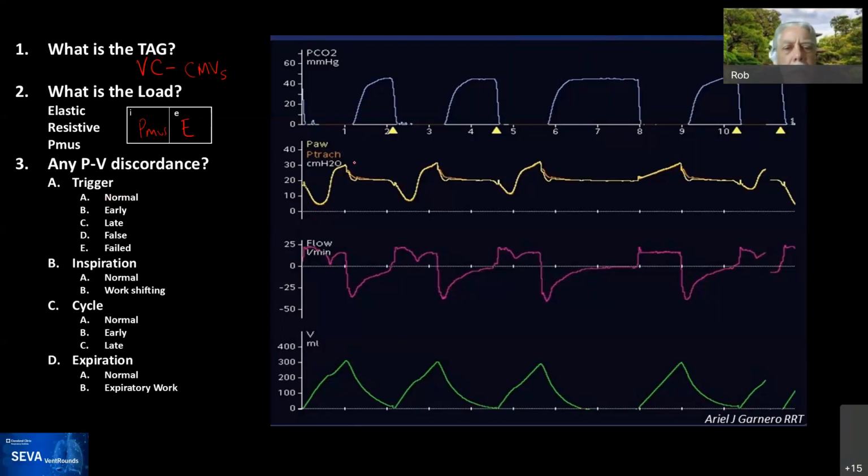So we have a waveform for every triggered breath and one for a non-triggered breath. What that would indicate is the patient was exhaling CO2, but he didn't get it from the ventilator. So that could be an indication of a missed trigger.